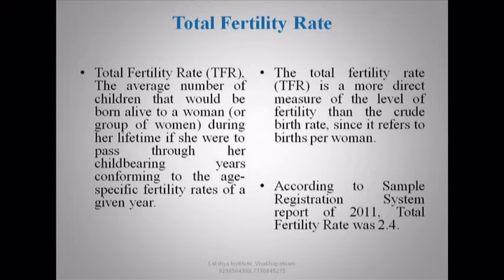The total fertility rate is a more direct measure of the level of fertility than the crude birth rate, since it refers to births per woman. This indicator shows the potential for population change in the country. According to Sample Registration System report of 2011, total fertility rate was 2.4.